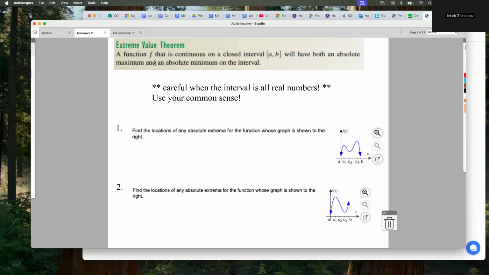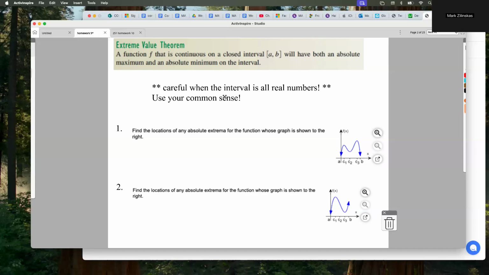So the extreme value theorem basically says this: if you have a function that's continuous on a closed interval, you're guaranteed to have both an absolute maximum and an absolute minimum value on that interval. And I put here a little note, excuse my dog there.